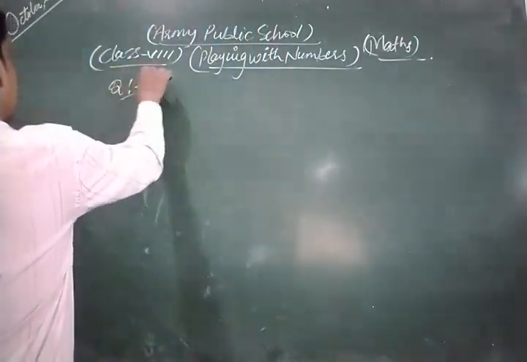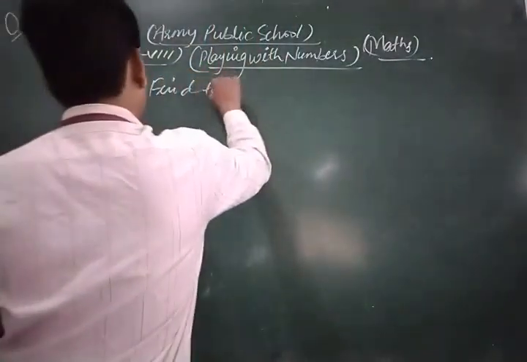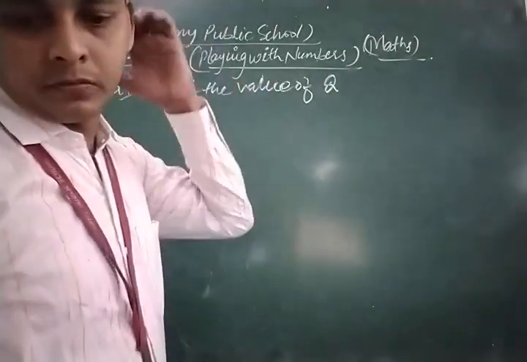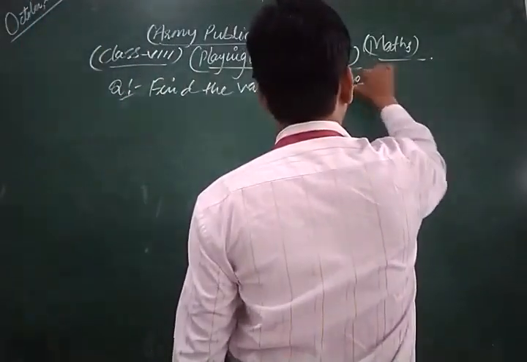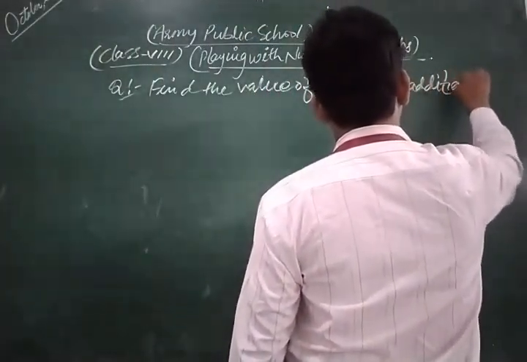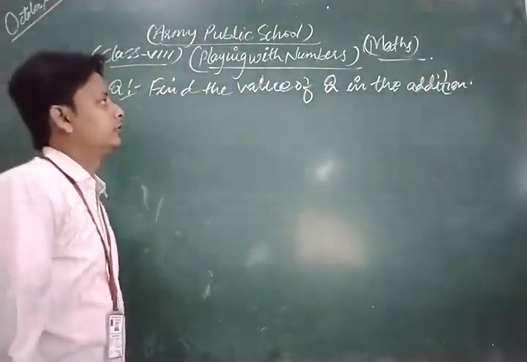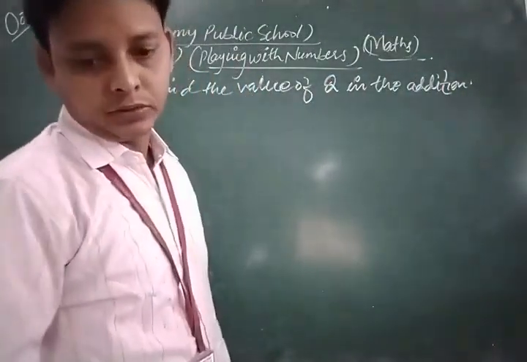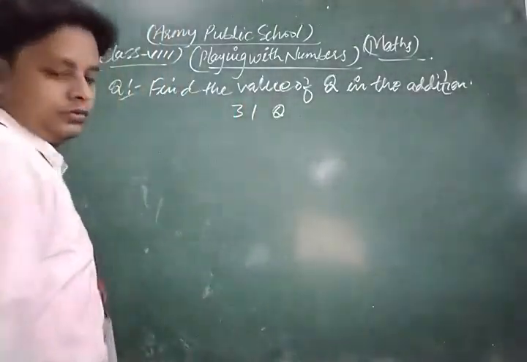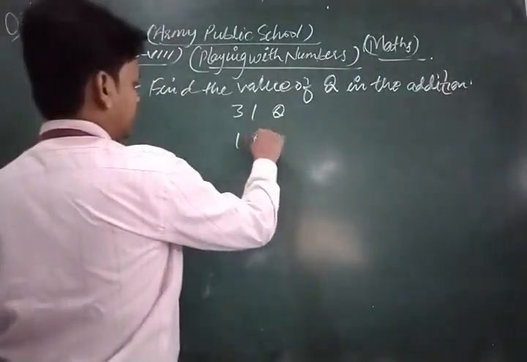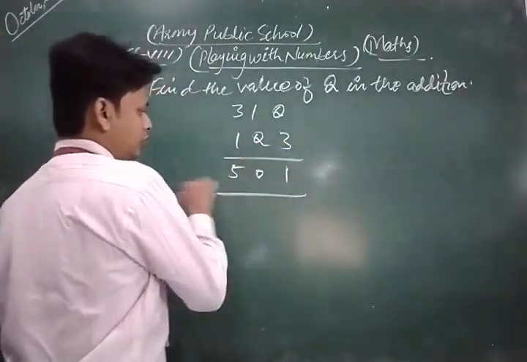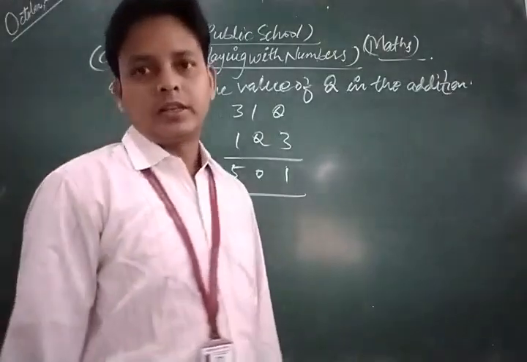The expression is 3 1 q plus 1 q 3 gives 5 0 1. Now look at what I do for that question.